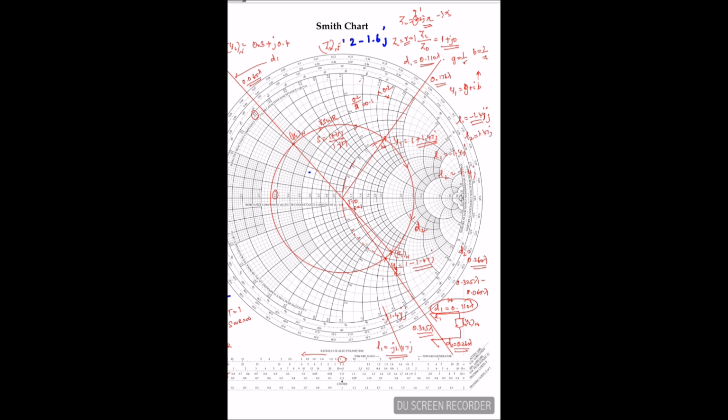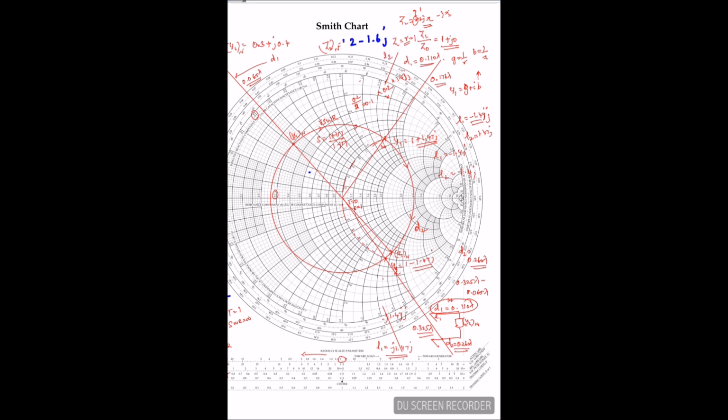So this is 1.4, this is 1.5. Between these values I will get closely here my plus 1.47 j. So here I will put another straight line to the outer scale so I can find the wavelength. So now this is called L2.